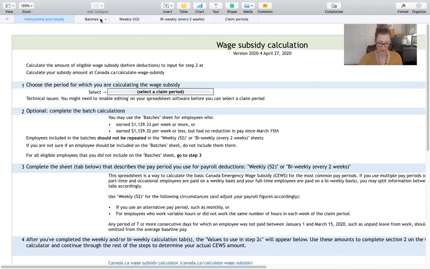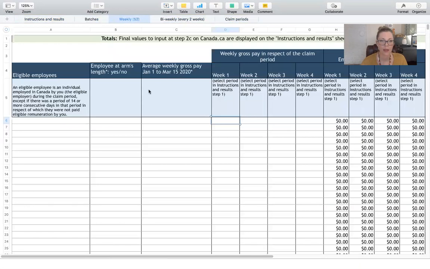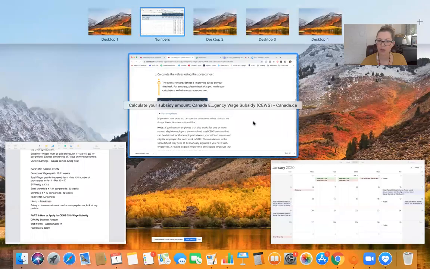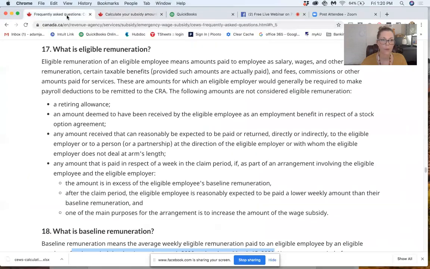Okay, so before I do an example, I want to talk about the baseline remuneration and the current earnings. I've got a bunch of tabs open here because I wanted to make sure that I had my resources ready for you for the calculations.